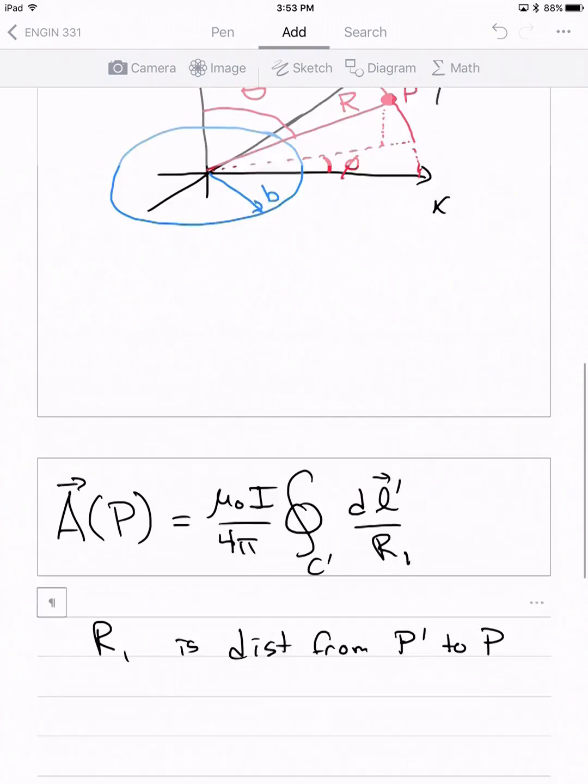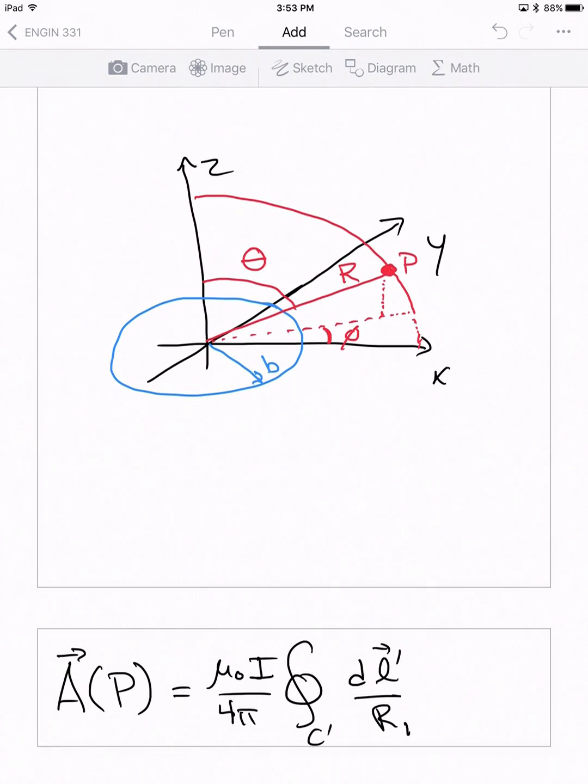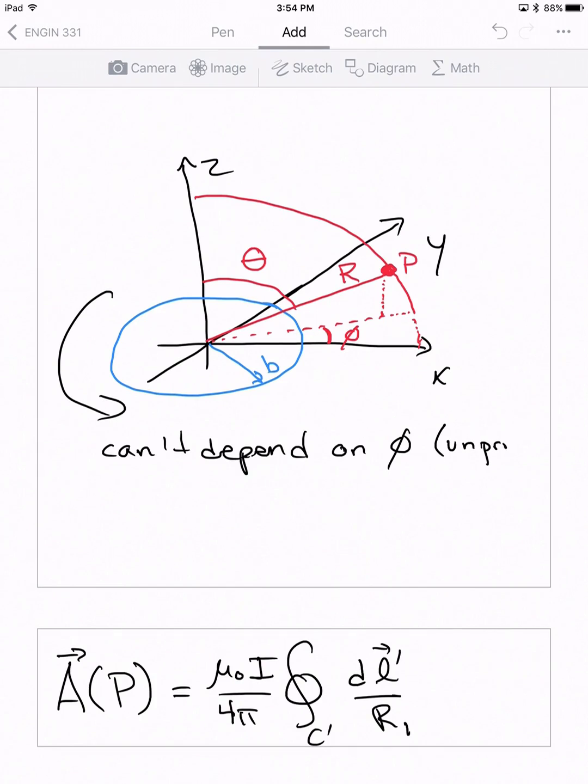Now, from this picture, clearly the magnetic field can't depend on phi because of symmetry. If we were to rotate this whole thing around the z-axis, we would have the same picture, so it doesn't matter where we define phi to be. So this is phi in the unprimed coordinates.